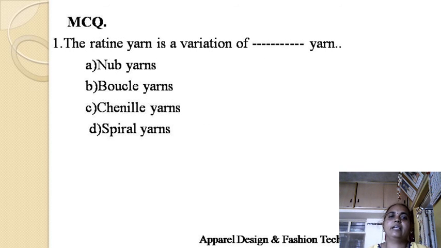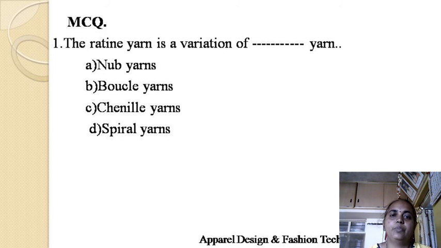Next is, the rattan yarn is a variation of dash yarn. The rattan yarn is a variation of which yarn? The first option is nub yarn. Second, B is the boucle yarn. C, chenille yarn. D, spiral yarn. So, what is the right answer? Rattan yarn is a variation of which yarn?